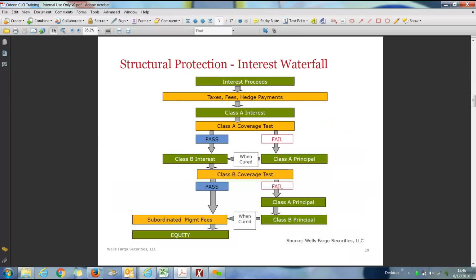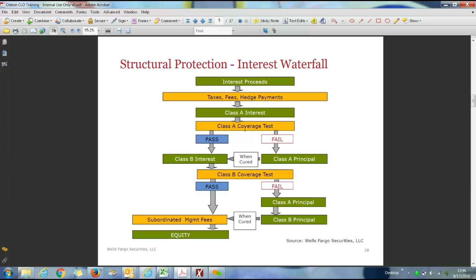All right, so this is just the interest waterfall. And the first thing that gets paid, of course, is fees and everything. Then A gets its interest. And then there's this Class A par value over collateralization test. There's also maybe an interest test, but those tests never fail as far as I've seen. So anyway, the only thing you need to worry about is par value tests, okay?